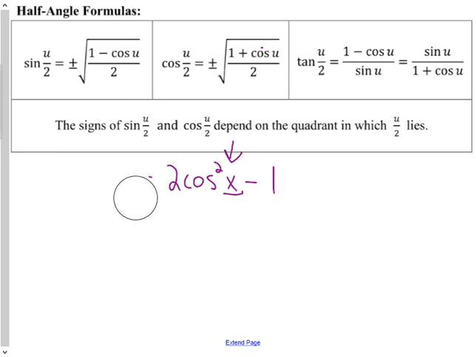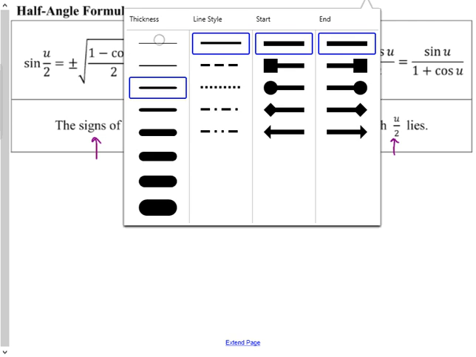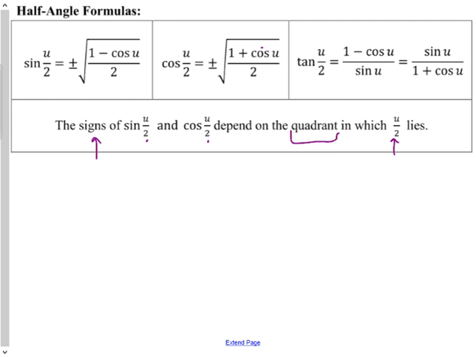Now, here is the most important part of this problem, which people get wrong all the time. The signs of the sine of u over 2 and cosine of u over 2 depend on what quadrant the original piece lies in. So if we're doing unit circle values, we might have something like, let's say we're doing sine of 7 pi over 12.